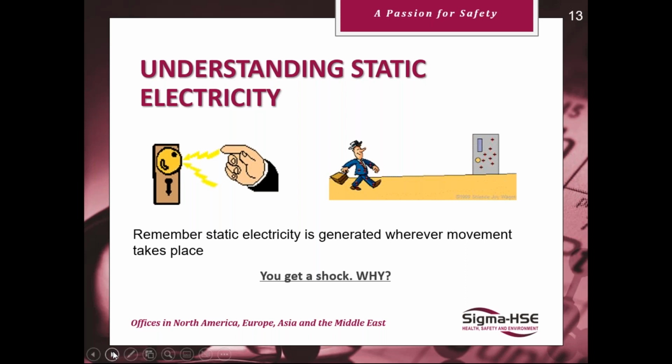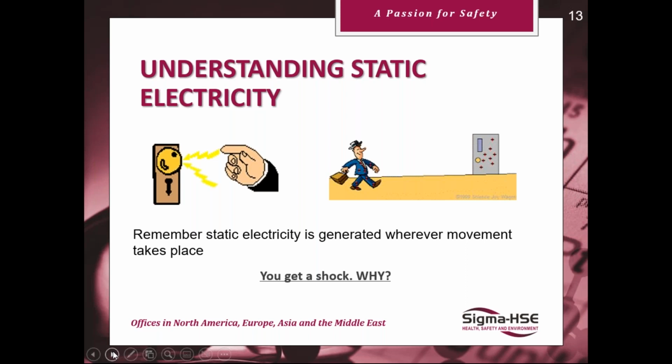So in all that time, he's had no way that he could discharge the static that's building up on him. So he's generating the charge, accumulating it. The only way he can get rid of it is with a spark discharge to the door handle.